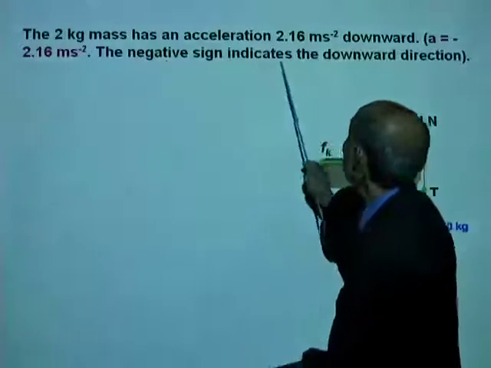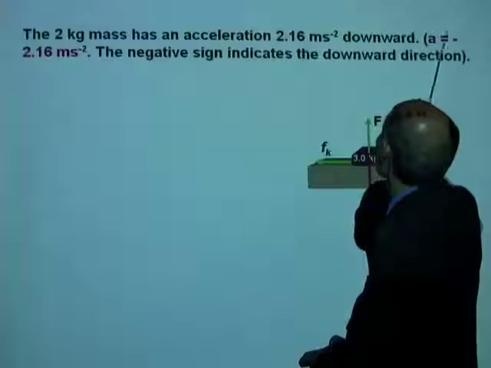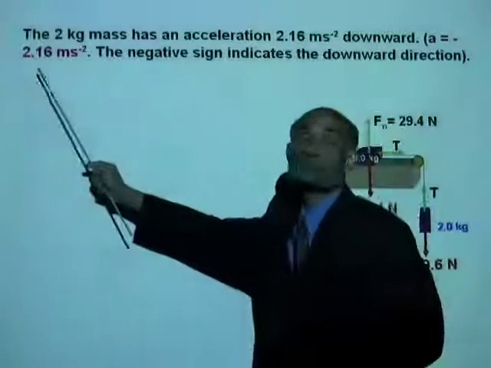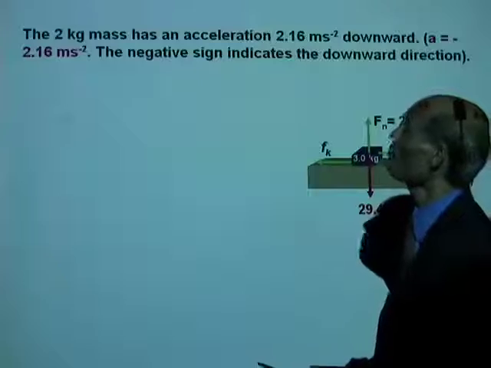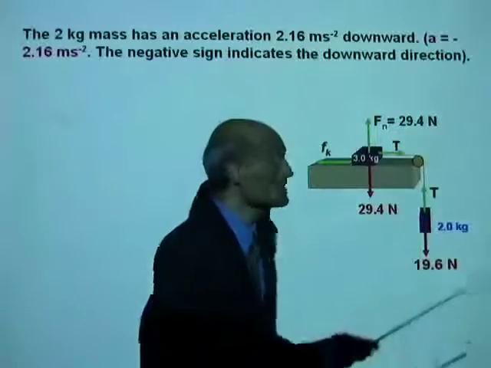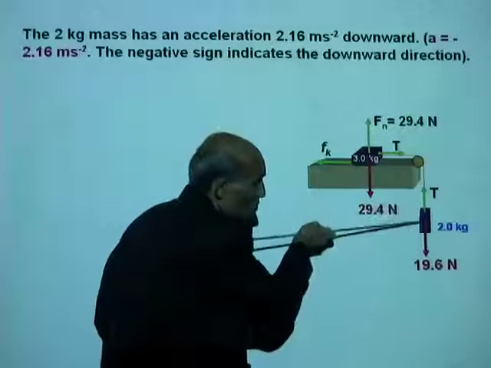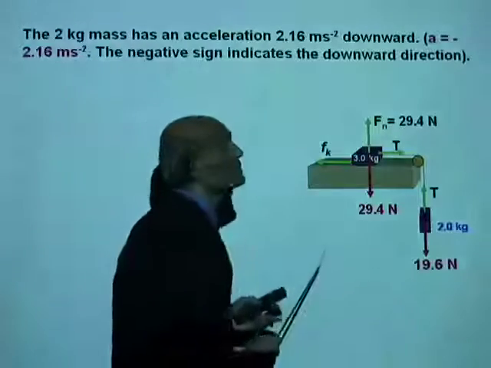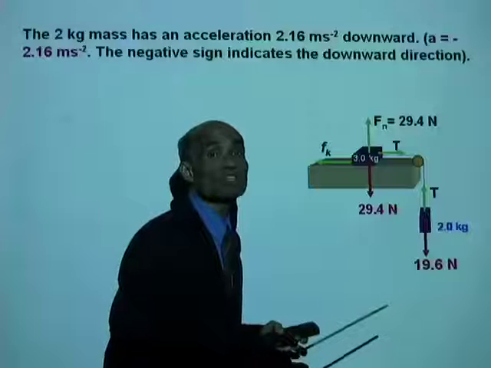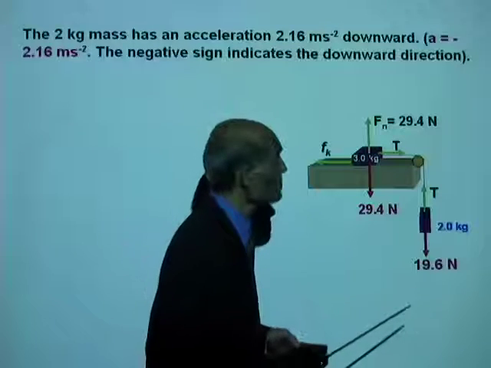The negative sign indicates that it is downward. So you need to now use the value a equal to negative 2.16 meter per second squared. So this mass is moving down with an acceleration a equal to 2.16 meter per second squared.